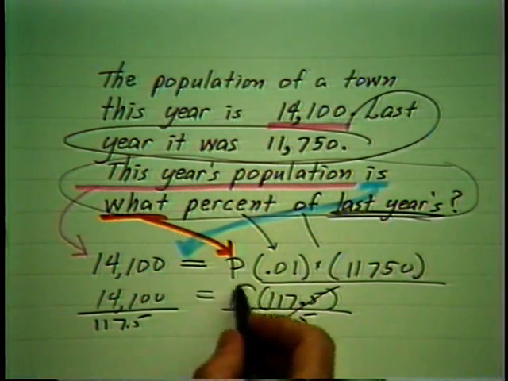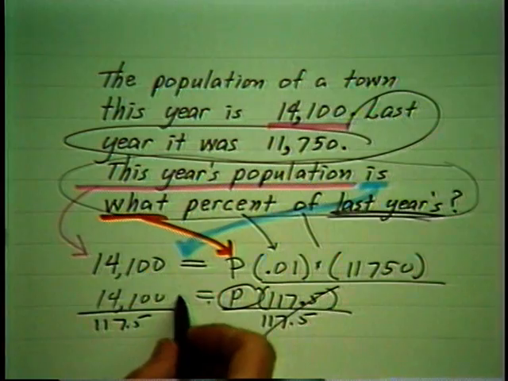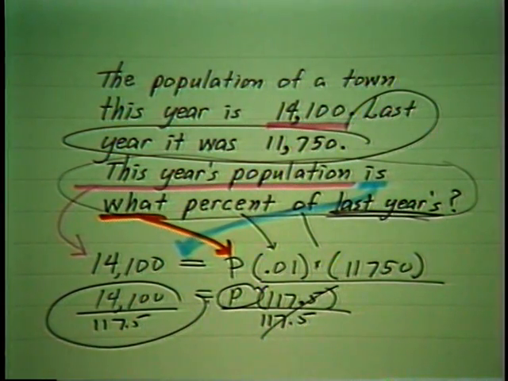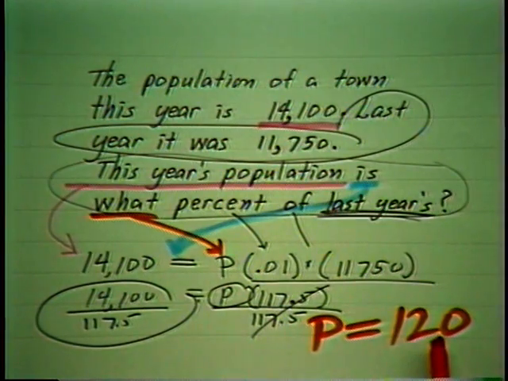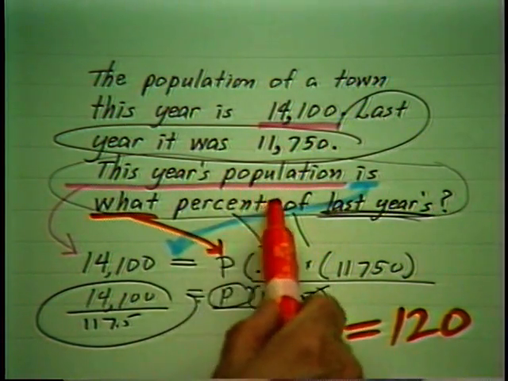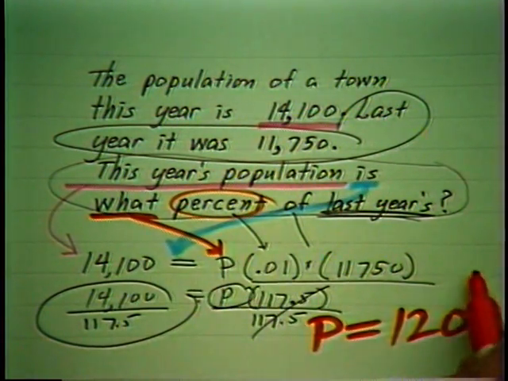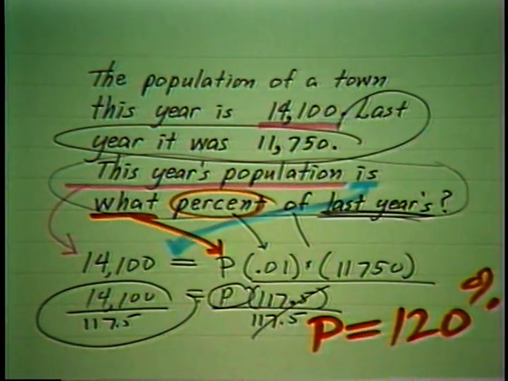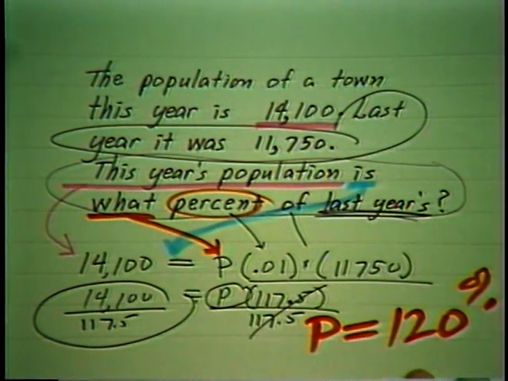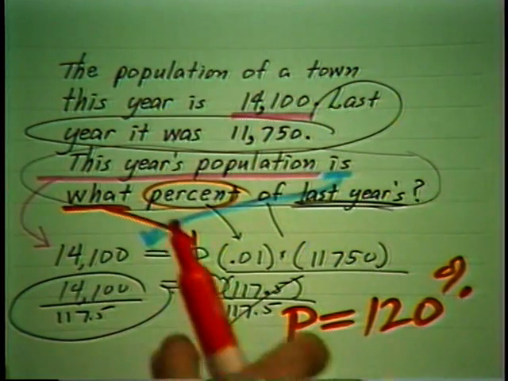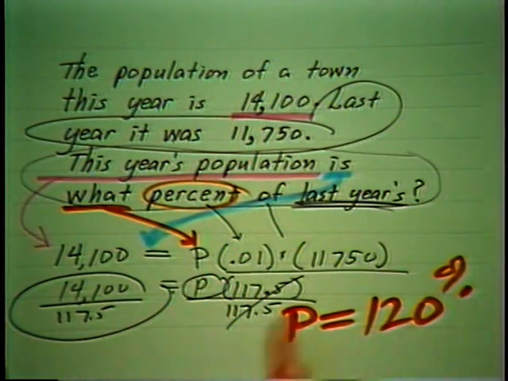So this says my percent is this divided by this. Doing that, we get 120. And of course, that's percent, so this word simply can be written that way. That has nothing to do with moving the decimal point. We have simply written this word by this symbol.